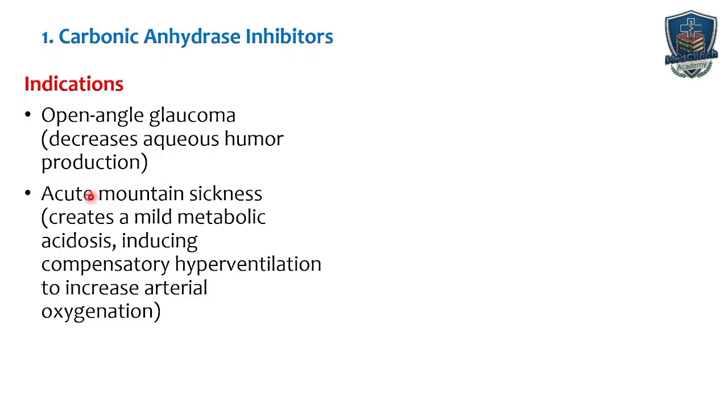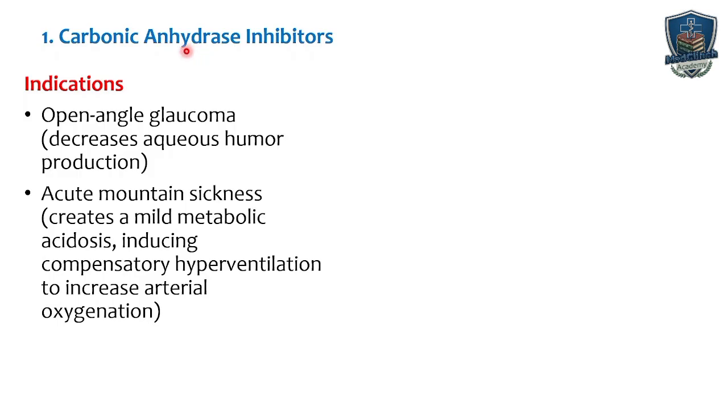Apart from that, it can also be used for acute mountain sickness. Remember, for those guys who do mountain climbing, the higher you go, the lower the oxygen concentration. So we want the client to have a compensatory mechanism of hyperventilation, and the best way to do this is by giving a carbonic anhydrase inhibitor. Why?